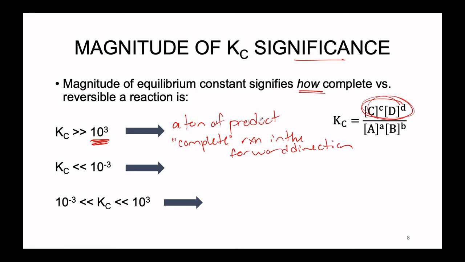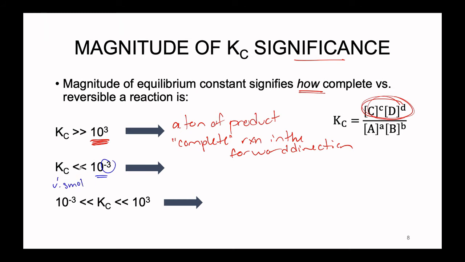These are going to be reactions that are very, very complete, that have very, very little reactant and a ton of product. The other situation that we have talked about, like in a non-spontaneous reaction or a reaction that just doesn't move forward on its own, is going to be laid out in this second situation here. So if your equilibrium constant is much, much smaller than 1,000th, right, this 10 to the negative 3 means that your Kc is going to be very small.